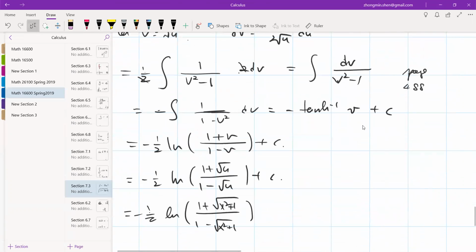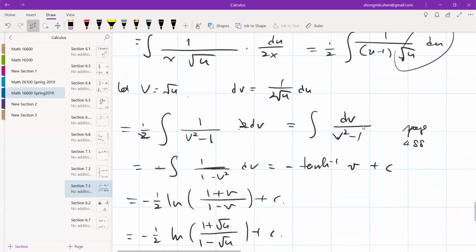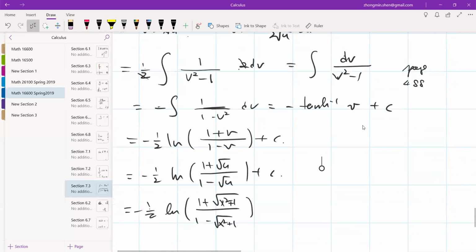I think our v is probably going to be greater than 1, so we have to put the absolute value symbol there. This formula is true for v less than or equal to 1. When you look at the denominator, clearly it's going to be negative. So this is going to be the absolute value. This is the answer.